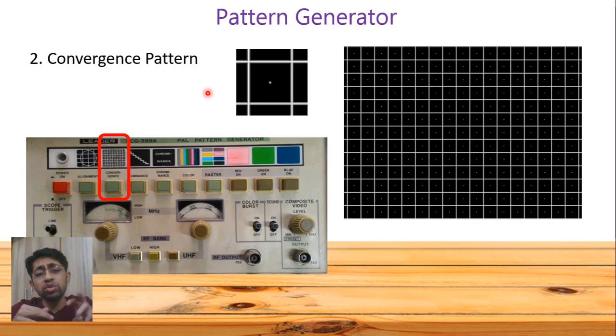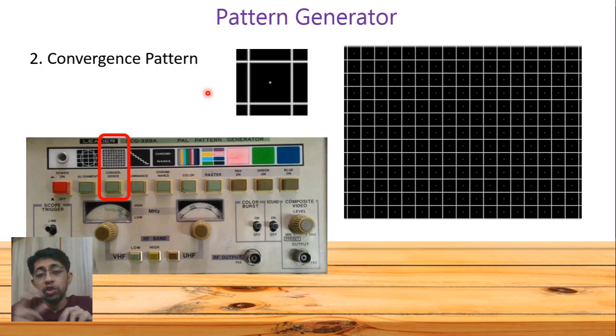Now there are also three sets of electron guns in the color analog TV, and each gun is focused to one of the phosphorus. One is focused to the red, another to the blue, and the last one to the green phosphorus. So three electron guns are focused to the corresponding phosphorus.